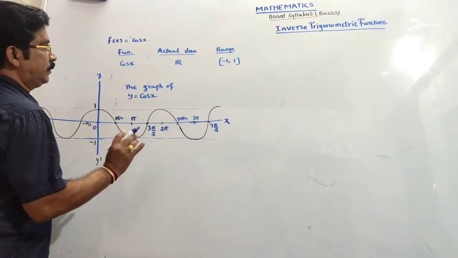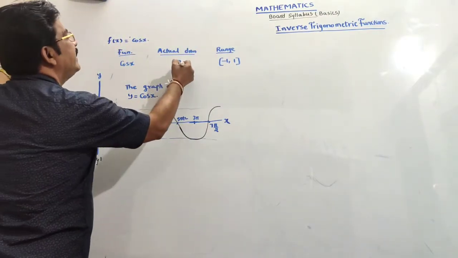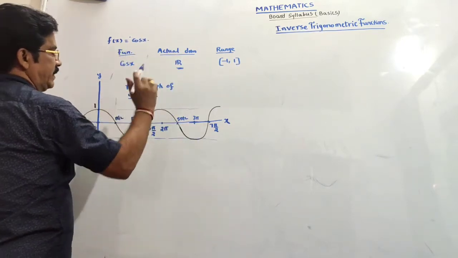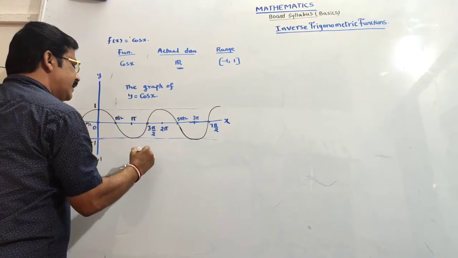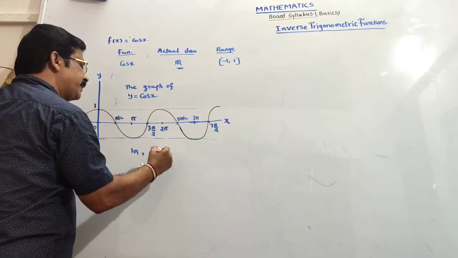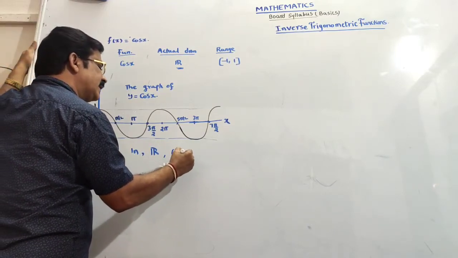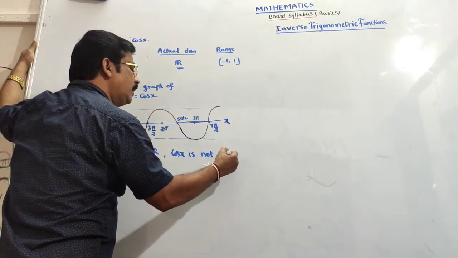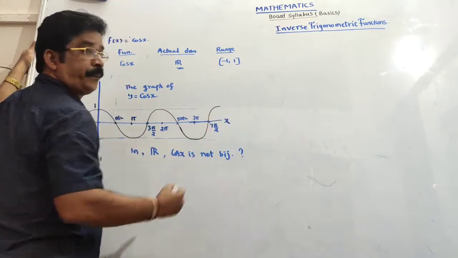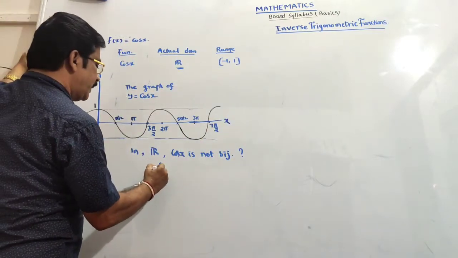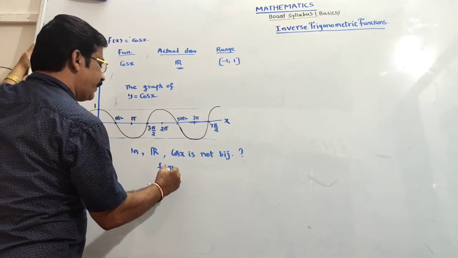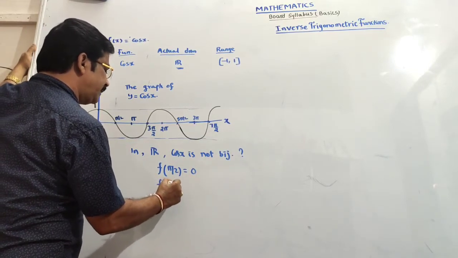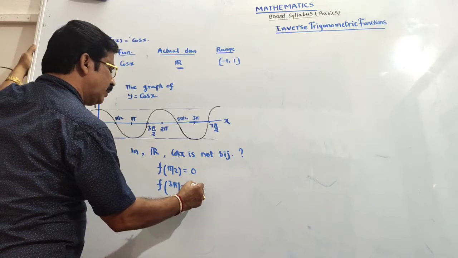So I am telling that in the entire domain capital R, cos x is not bijective. How? For example, f of pi by 2 is cos 90, which is 0, and cos 3 pi by 2 is also 0.